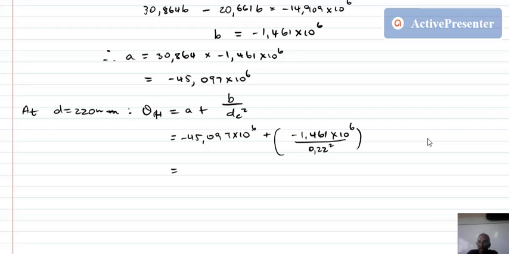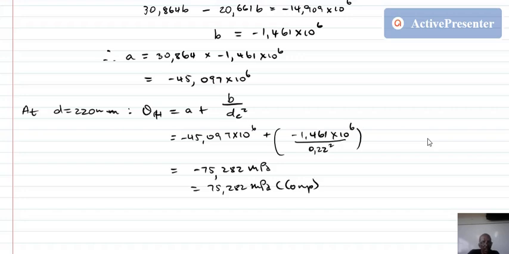So that gives us the hoop stress of minus 75.282 megapascal. Compressive.